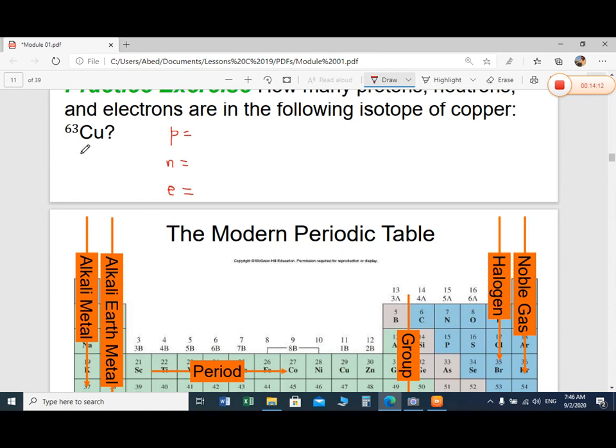So you can write here the atomic number is 29, and the atomic number is equal to the number of protons, so you can write 29 here.